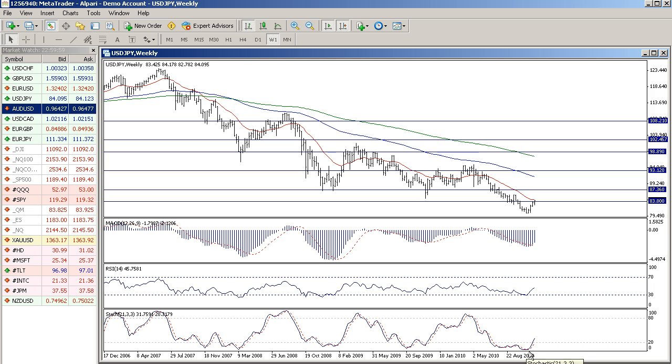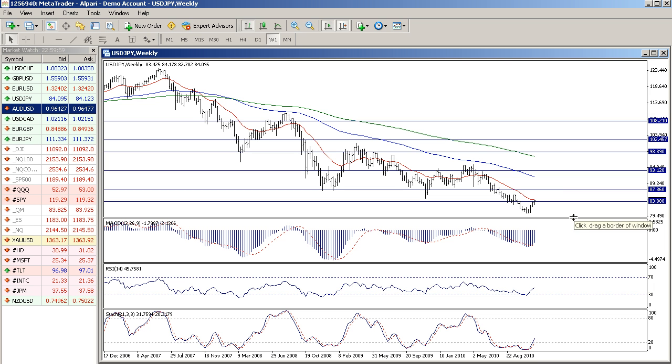We have now a small buy signal from the weekly stochastics and weekly RSI indicators, which may mean something here, but it's really too early to say that with confidence.